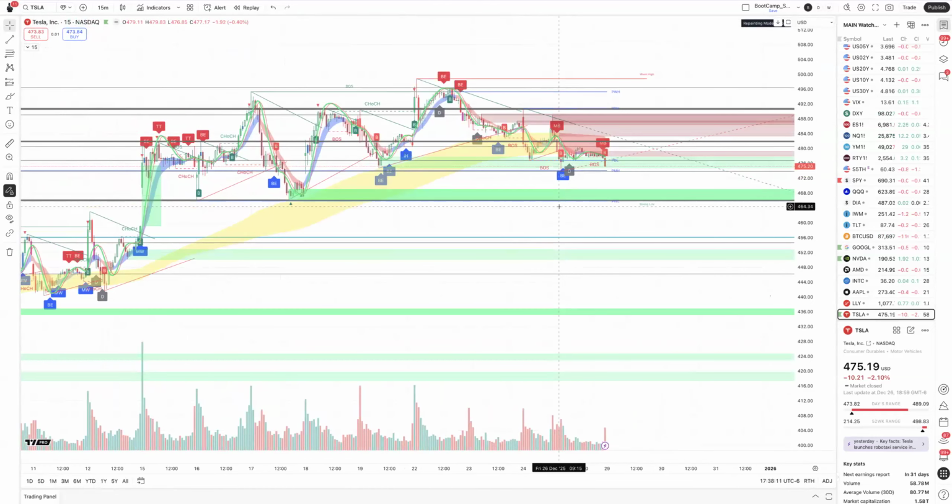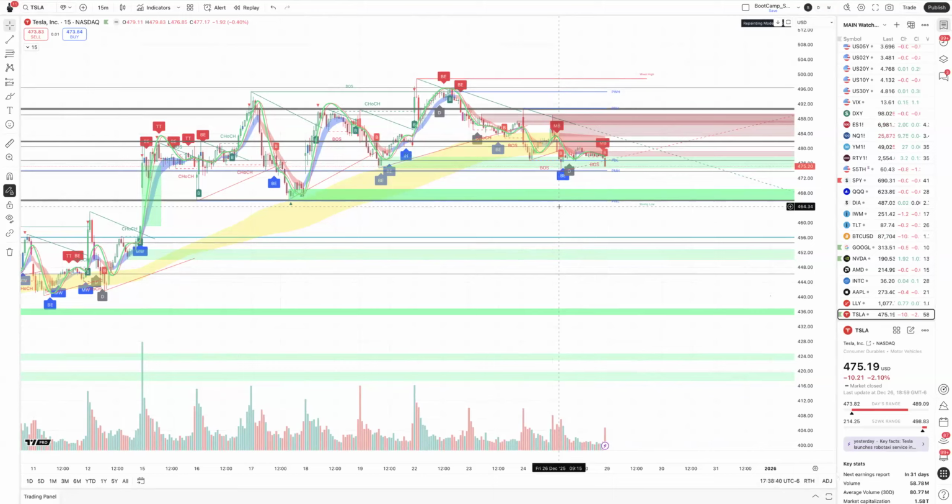So now that Black Wolf has the top down analysis locked in, it's going to look at this 15-minute time frame. It's going to look at your 5 minute chart. So if you post, okay, I'm going to give you the 30 minute, the 15 minute, the 5 minute chart, and I want you to come up with a day trade strategy on Tesla, it's not just going to think about the 30, the 15, and 5 minutes. It's going to say, okay, on a macro level, on a larger level, this is what Tesla's doing.